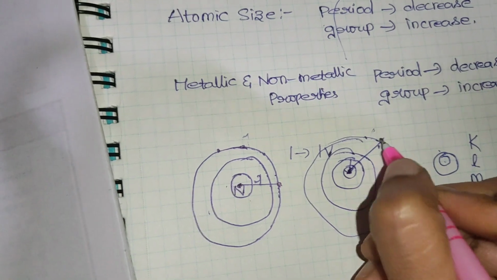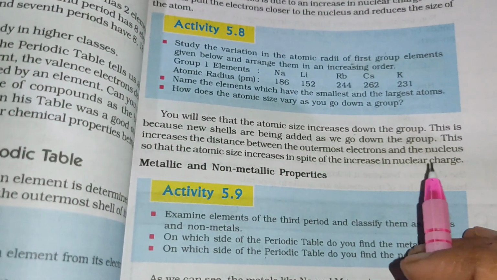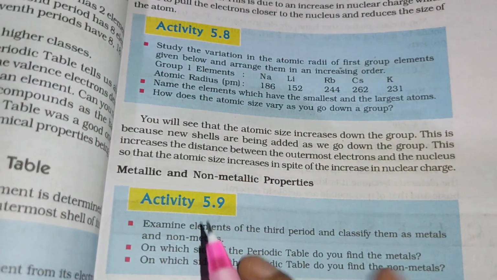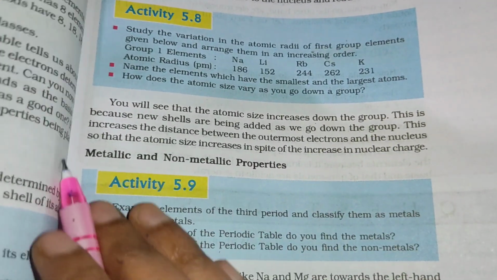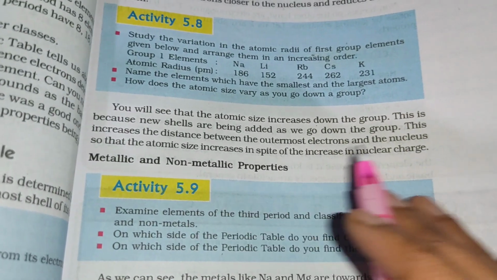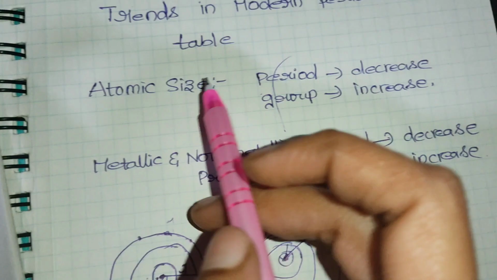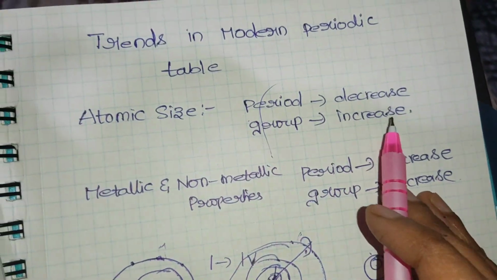In spite of the increase in nuclear charge, because of the greater distance, there will be an increase in the atomic size. The distance between the outermost electrons and the nucleus will increase. Like this, we can see the atomic size decreases in a period and increases in a group.